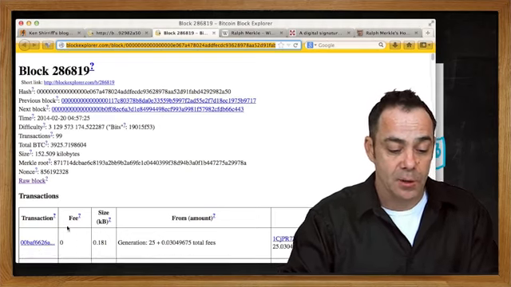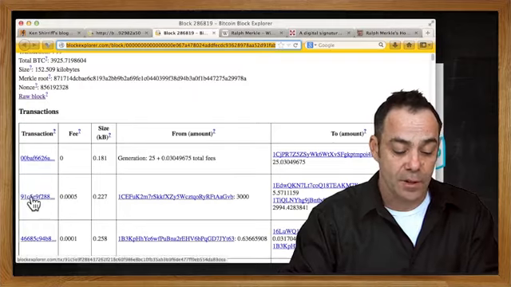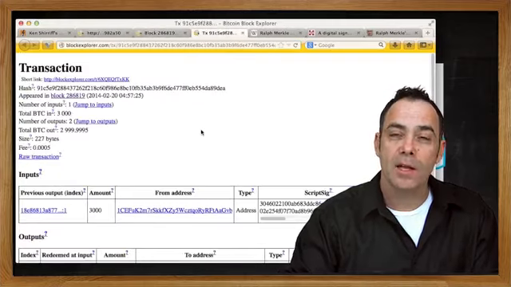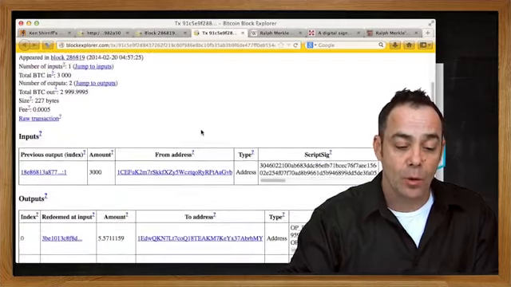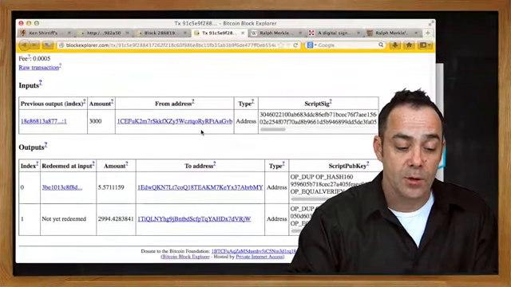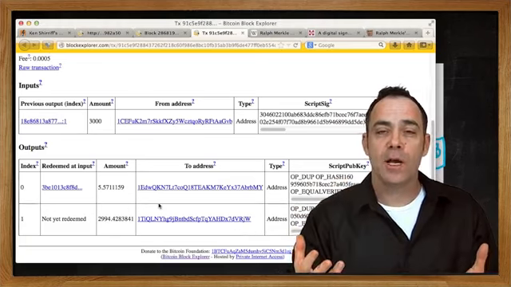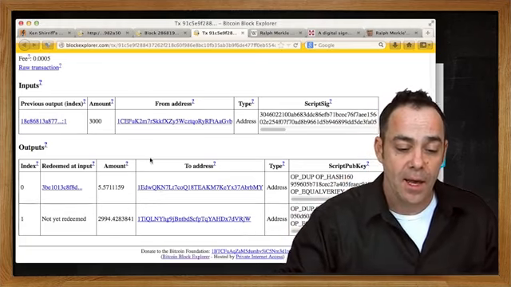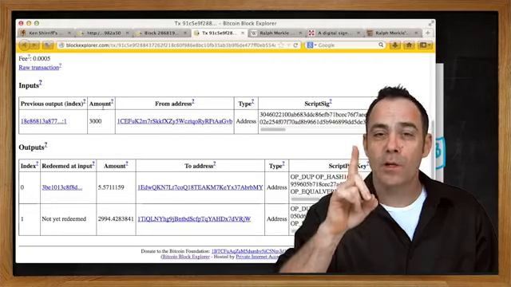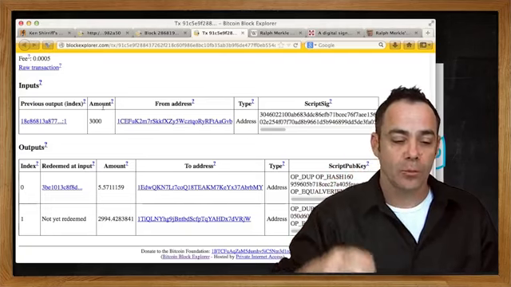So if I click on this particular transaction ID, for example, I'm going to get the information on this specific transaction. So what address it came from, what address it went to. Okay, so here's a to address, here's another to address. So one of these is the change address, one of them is the real recipient, and here's the from address. That's one transaction. So remember, this particular block had 99.